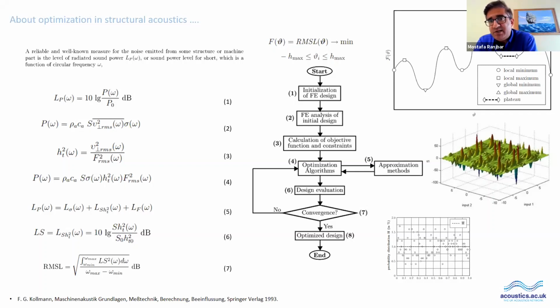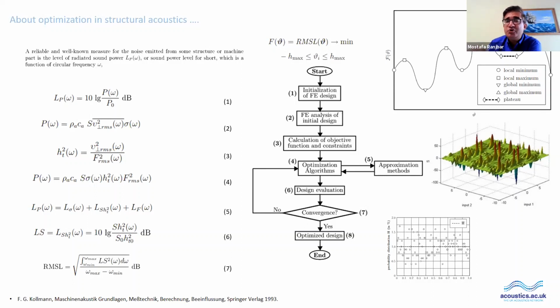After initialization of your finite element design, you go through the calculation of the objective function, and here you need to use different optimization algorithms. We will discuss the different optimization algorithms. Maybe you need some approximation. It depends on the type of optimization algorithm that you will use. We'll discuss them. Then you go through the convergence check and see whether the loop will be terminated or not.